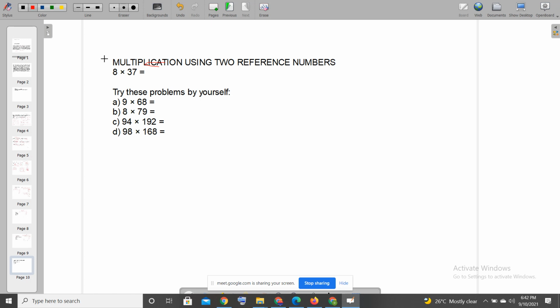We write them later. Just write the topic, multiplication using two reference numbers, and then you write this. If you have time, you can write this one and try yourself once you are done with the example. So now I'm going to solve this question using two reference numbers.